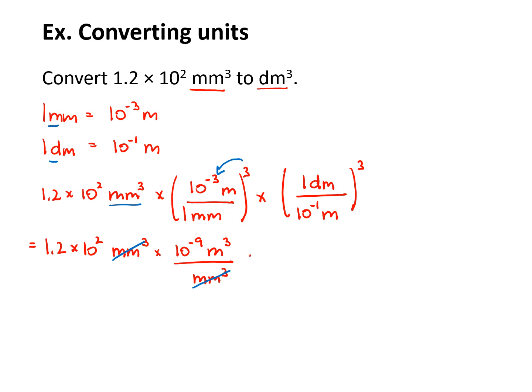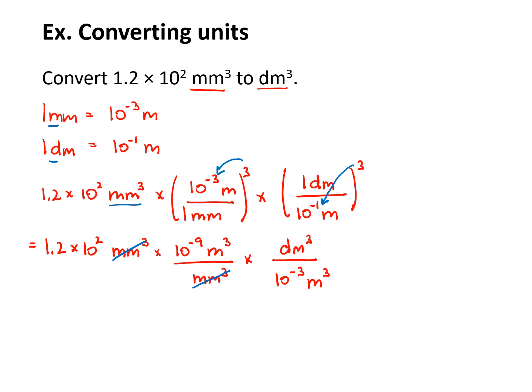Moving to the next conversion factor, we see that we have an exponent of 10 to the minus 1 raised to the power 3. So that is like minus 1 times 3, which is minus 3. So here we have cubic decimeters in the numerator divided by 10 to the power minus 3 cubic meters in the denominator.